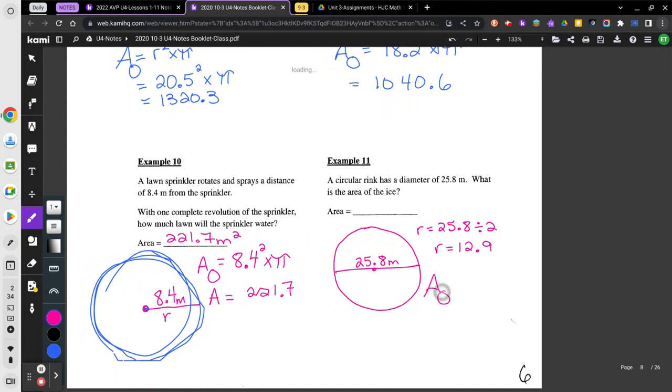So now my area of my circle is my radius, 12.9 squared times pi. So 12.9 squared times pi. That's how you have to type it in. And that's going to give us 522.8 meters squared. This concludes basic area of two-dimensional shapes.